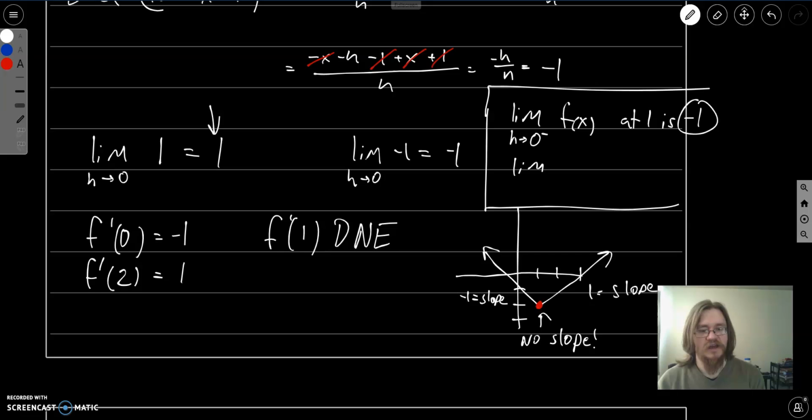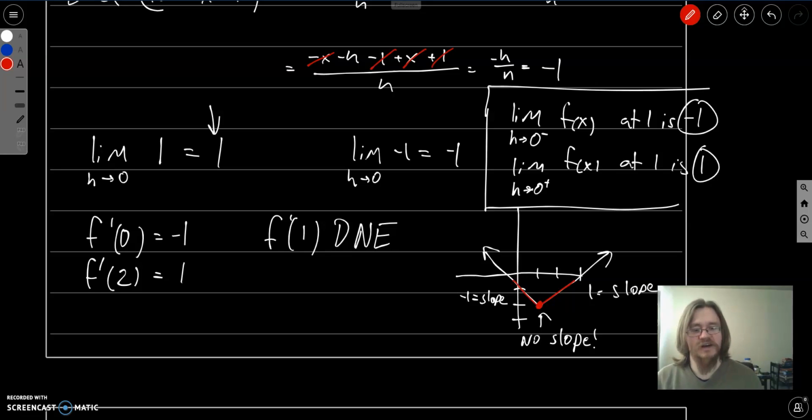But the limit as h approaches 0 from the right at 1 is 1. The slope here is going to be 1 as we're coming in from the right, but negative 1 as we're coming in from the left. So the limit doesn't exist because the limit from the left and the right don't agree.